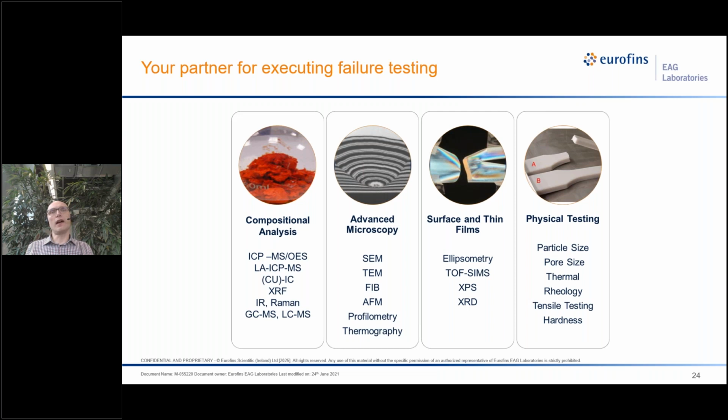In the compositional analysis cluster, we have experts working on the analysis of the chemical composition of gases, liquids, and solids. In advanced microscopy, we can make beautiful images with a magnification over 1 million times. These images can also contain geometrical and chemical information of the sample.